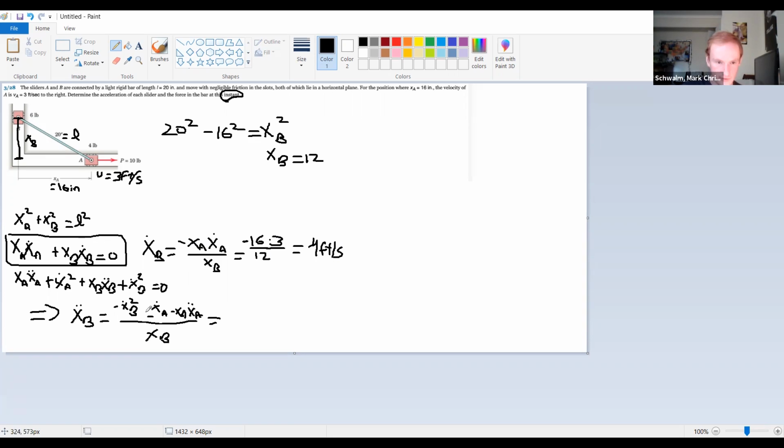Okay, so then we're going to use that down here now that we have that. So now we have negative 4 squared minus 3 squared minus x a, which is 16 inches, but over 12, just converting that to feet for ease, x double dot a.